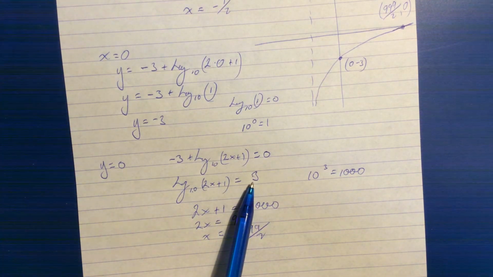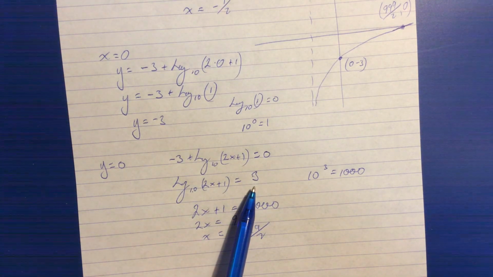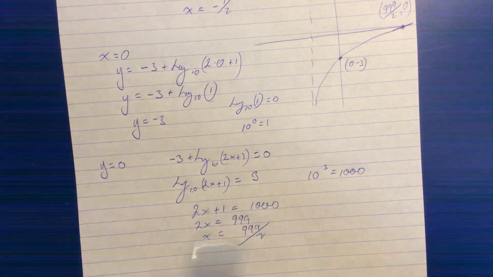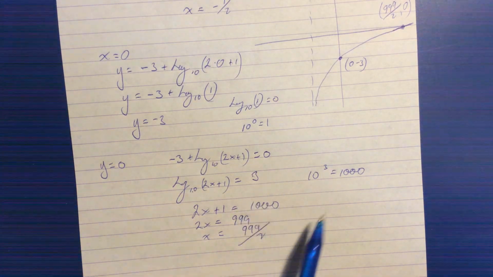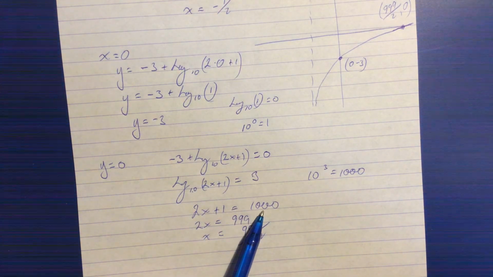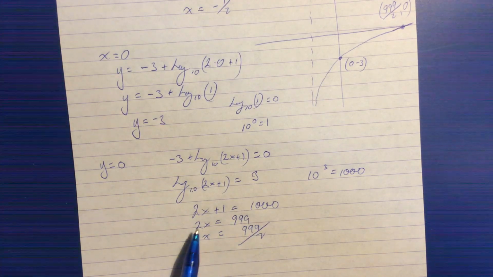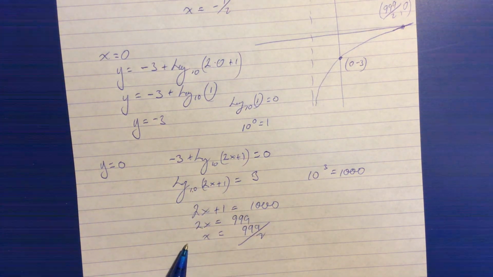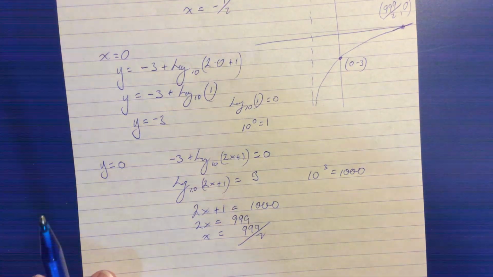So what does that give us? Well, 10 to the power of 3 is 1,000. So 2x plus 1 must equal 1,000. And again, some simple algebra, and we get x equals 999 over 2.